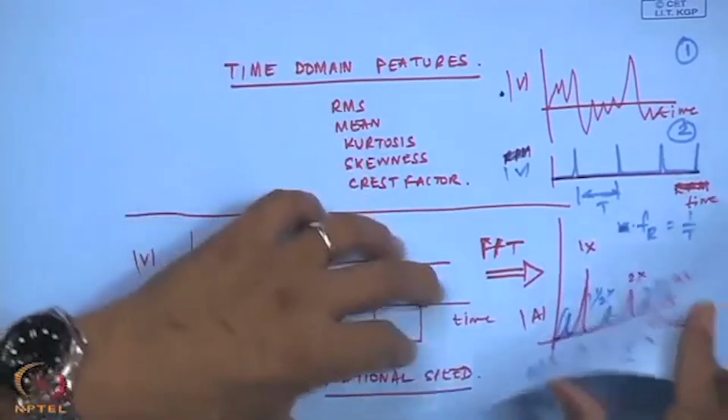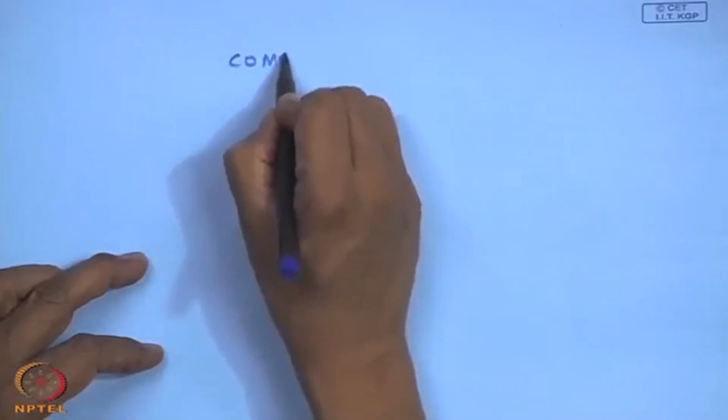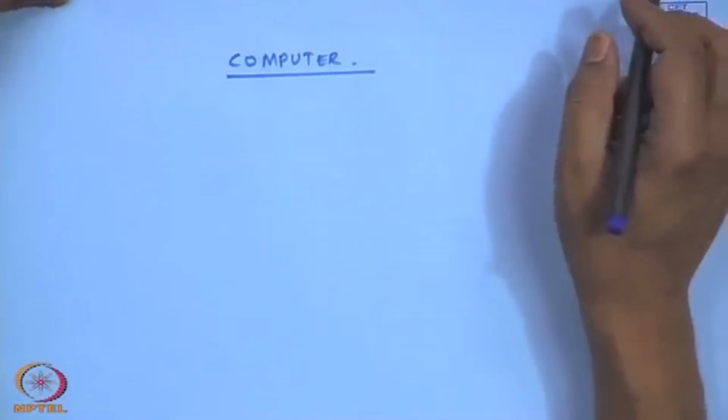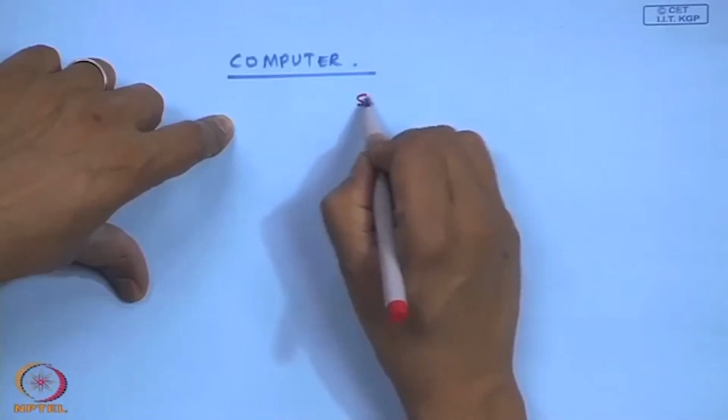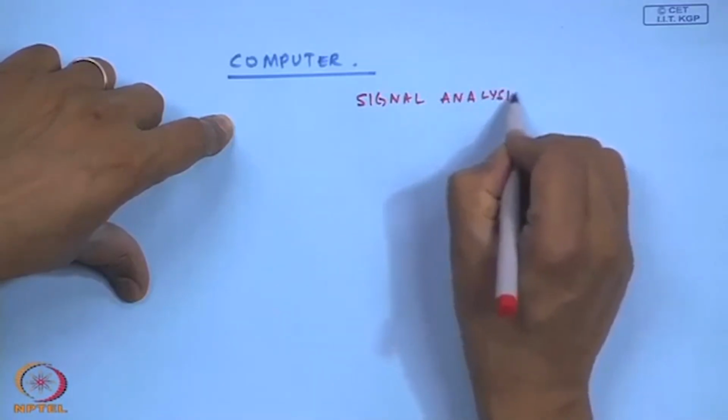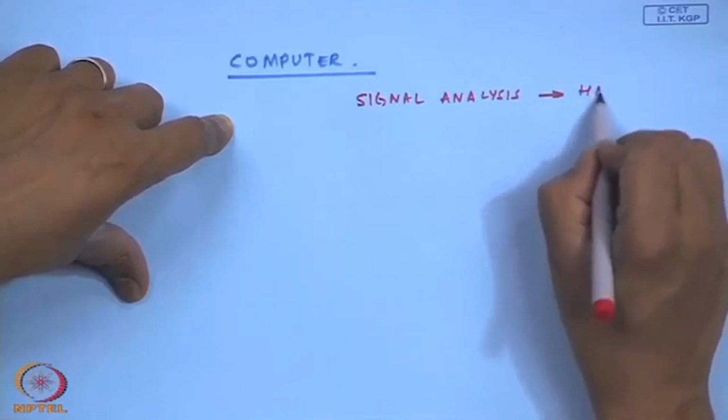At the end of the day, this FFT analysis is being done by a computer, and this computer does not know whether your machine has a looseness or not. It is the signal which tells the computer, once we analyze, we interpret that there is a looseness. So, this interpretation of the signal is only by a mathematical process. It is the signal analysis which gives us harmonics and subharmonics.